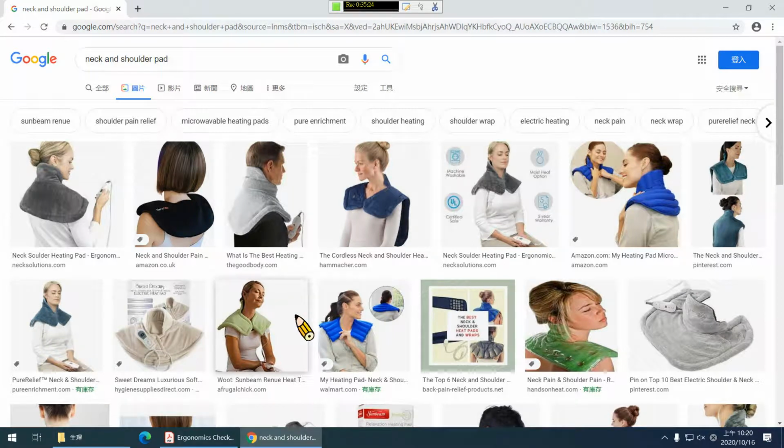Whoa, amazingly, there are so many neck and shoulder pain or stiffness relief pads like this. People are willing to pay for this because they feel it.